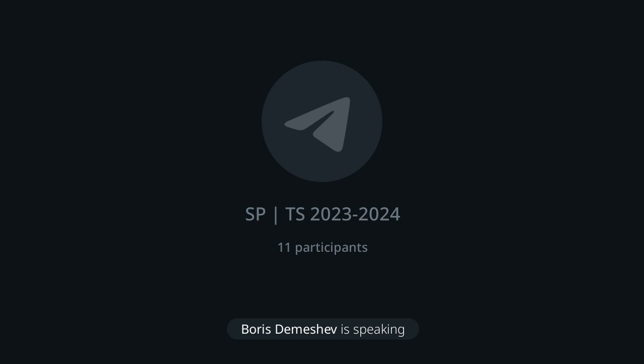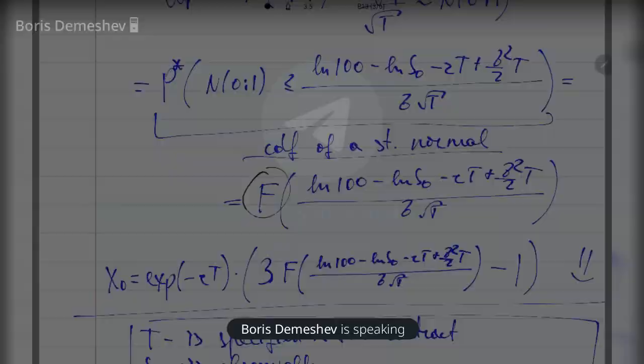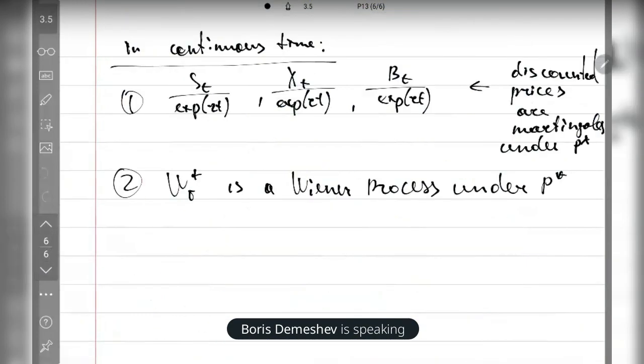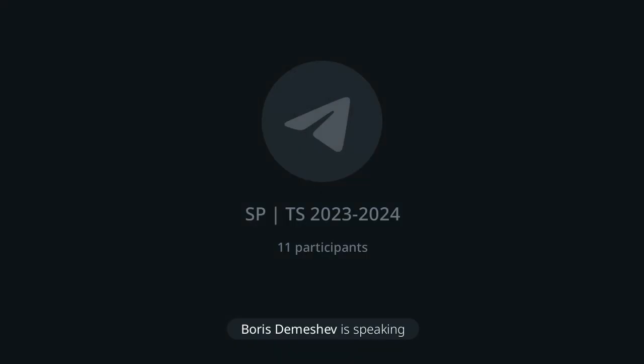It's built into any software. But in discrete time models, we can feel everything. So let's feel this P star with our bare hands. Let's calculate all the details in discrete time. Maybe it will reveal what is behind the black magic.